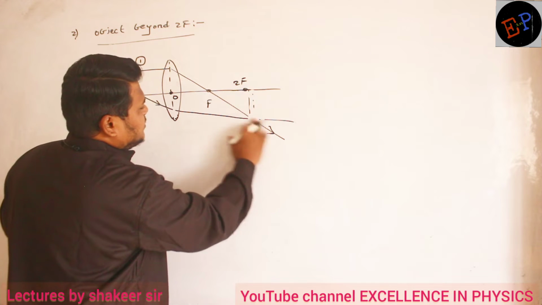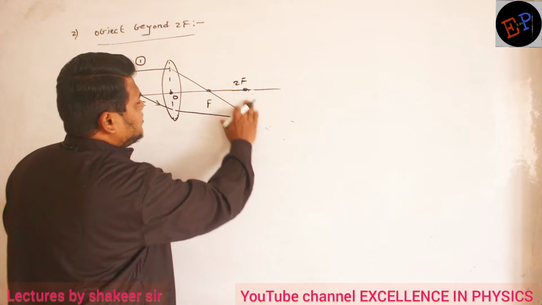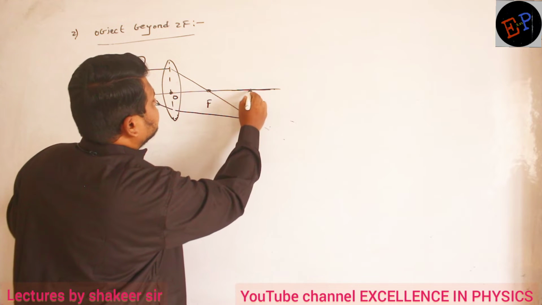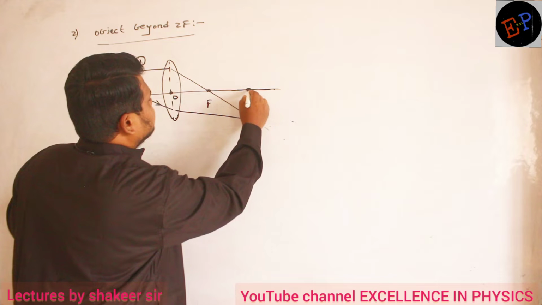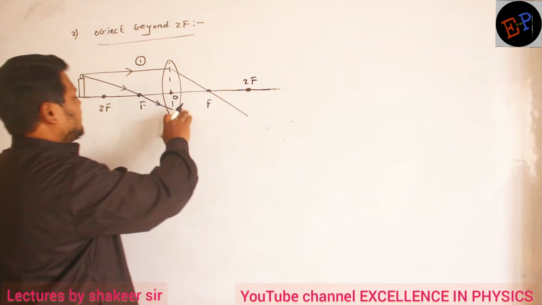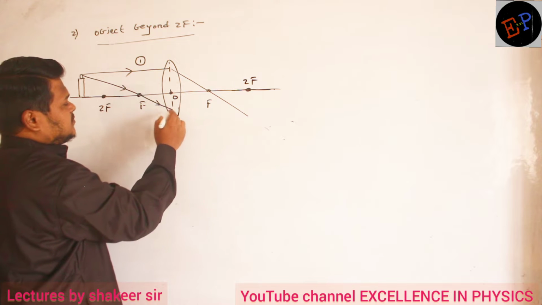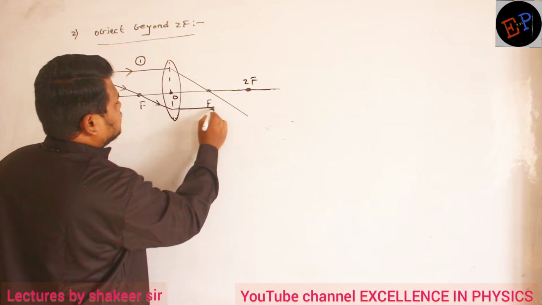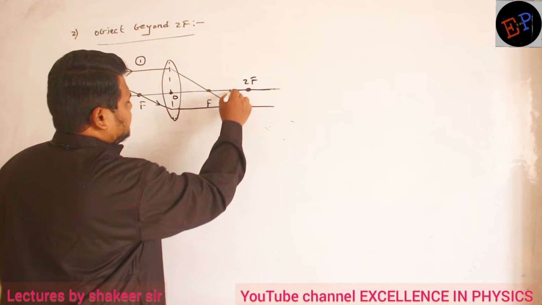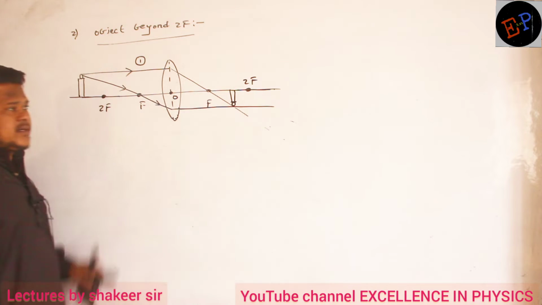It should be formed in between f and 2f. Let us draw a straight line here. So here the image should be created.